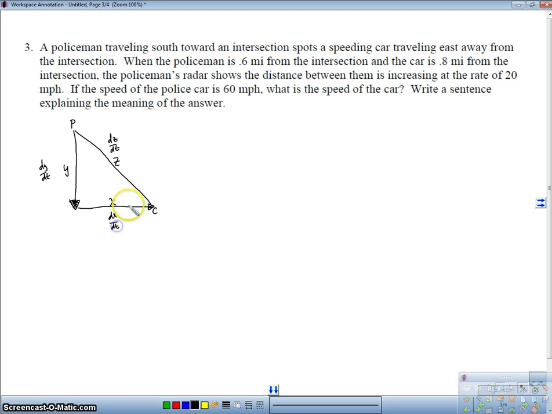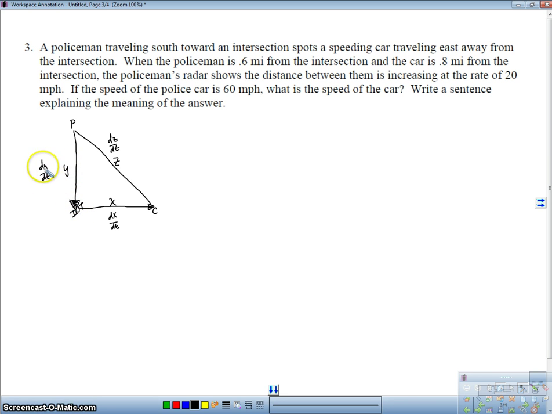Now, just a point of note here, if you think about the police officer driving here, the police officer is getting closer and closer to this intersection, right? And the distance y, is that getting smaller or larger? Well, you should notice that the police officer is getting closer to the intersection, so this y value is getting smaller.